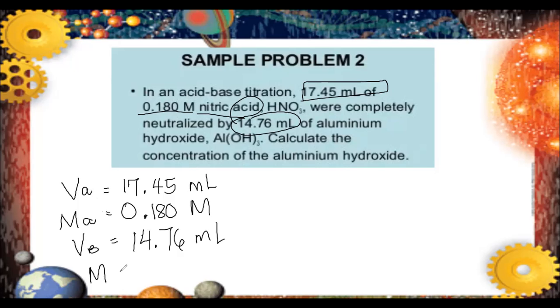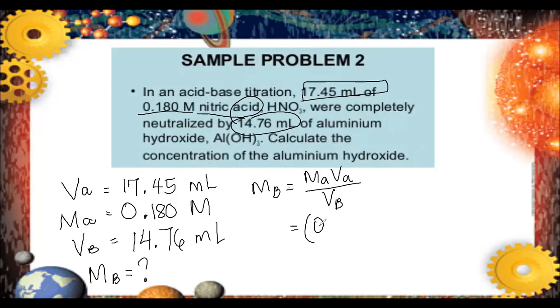Now, the required or the concentration of aluminum hydroxide or the molarity of our base is missing, so we need to get its MB. The formula needed to find MB is MAVA over VB. Now, let us substitute the given to the formula.